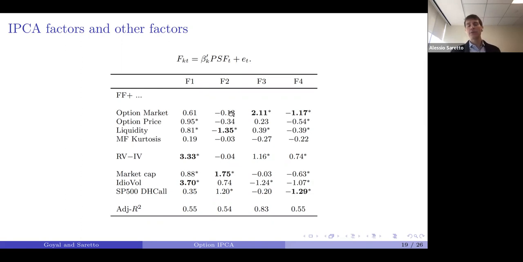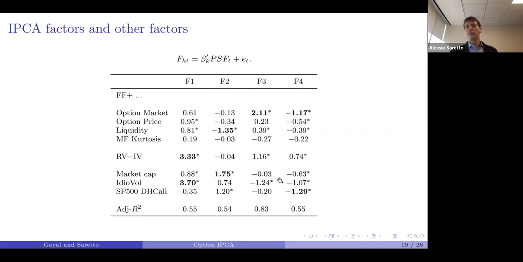If I take our second factor, it loads again on Aurelio's market cap factor. It loads a little less on Turan's liquidity factor. These market cap and liquidity factors are very highly correlated, so you can think of the second factor as a liquidity IPCA factor.